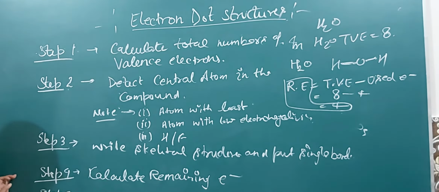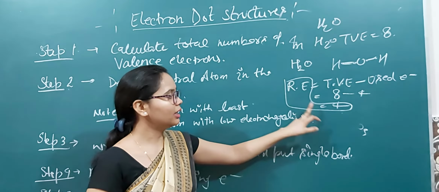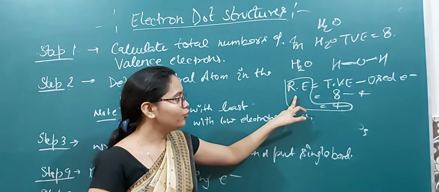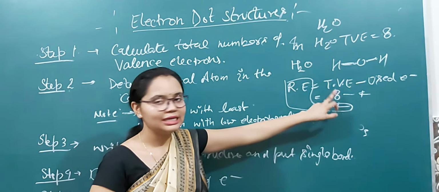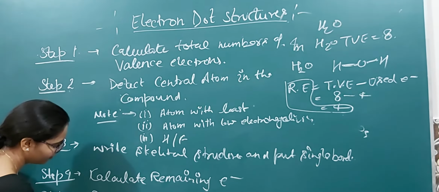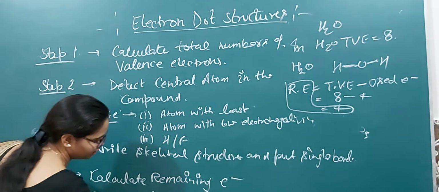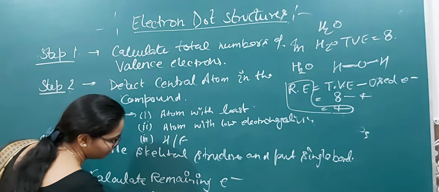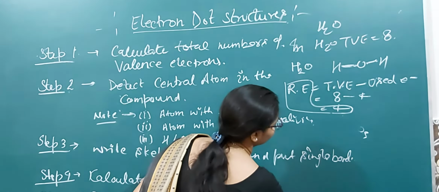Now the next point, step 5. After calculating the remaining electrons, we have to put these electrons as lone pairs in the skeleton structure.